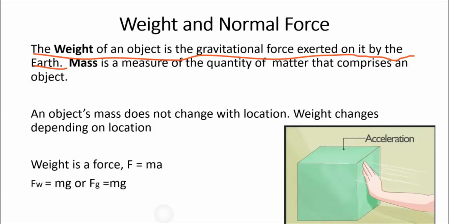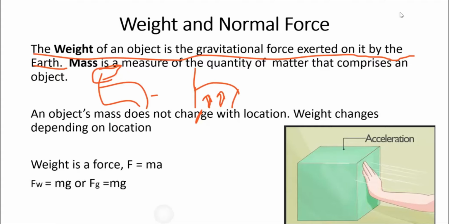But the mass will always be constant. So if this is a chair, it depends on the location. The force of gravity applied here determines the weight of the chair.